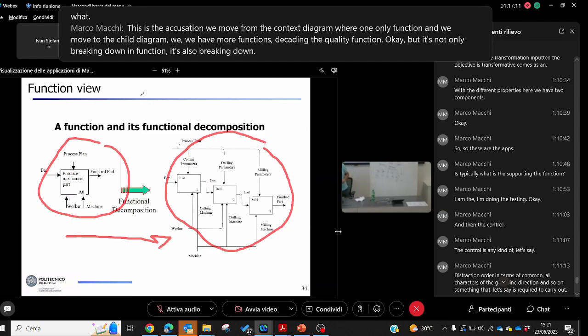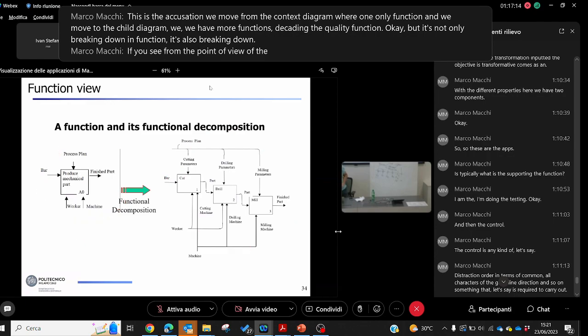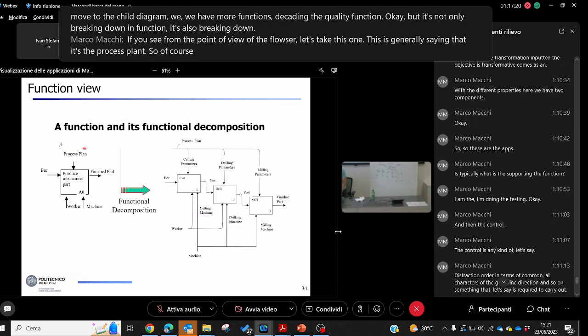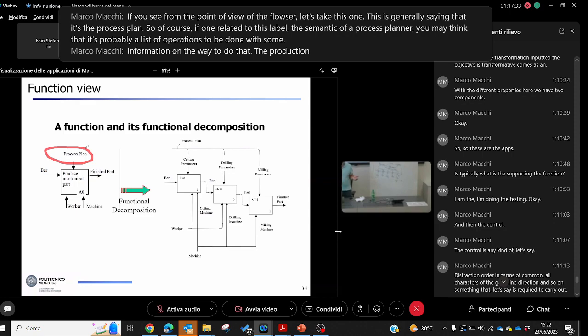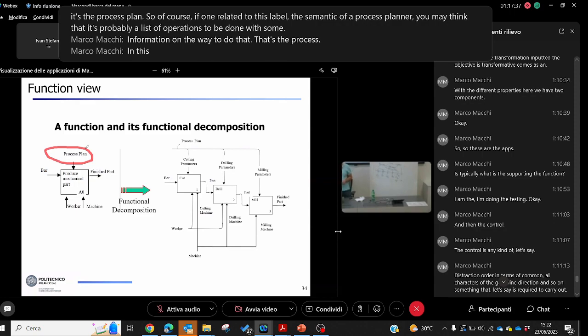If you see it from the point of view of the flows, let's take this one. This is generally the process plan. If one relates to this label the semantics of a process plan, you may think that it's probably a list of operations to be done with some information on the way to do the production. That's the process. At this level, it says just that we need the control for the produced mechanical part, which is the process plan.